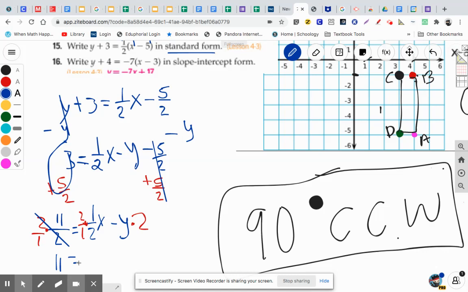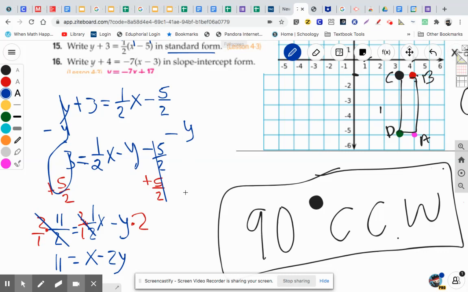And then next, these 2's eliminate, so that leaves you with 1x. And then here, you're going to have minus 2y. So my equation is 11 equals x minus 2y.